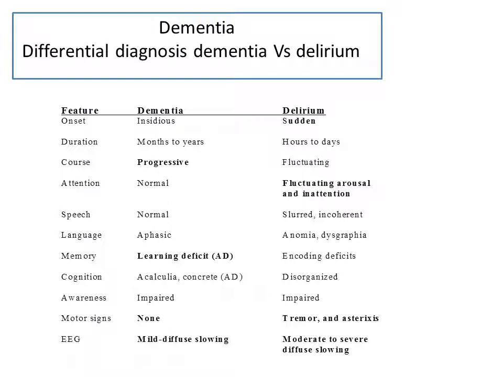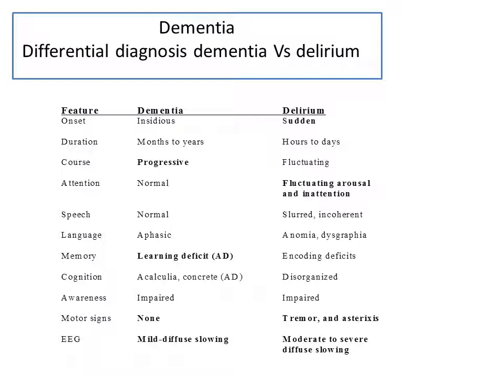Here is another important table to differentiate between dementia and delirium. Dementia has insidious onset with a progressive course ranging from months to years. Attention and speech are normal. However, in language, there may be a deficit in the form of aphasia.